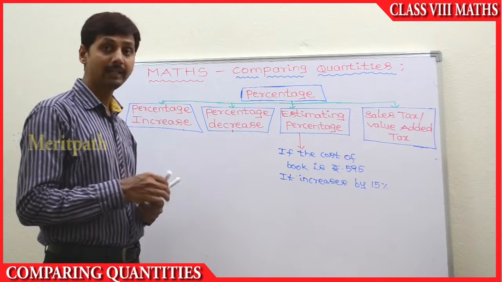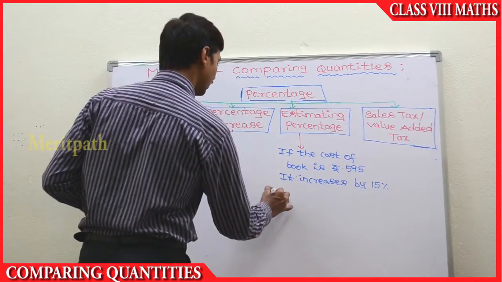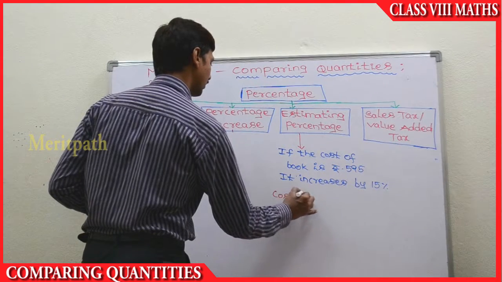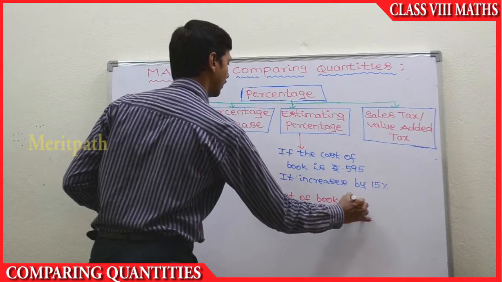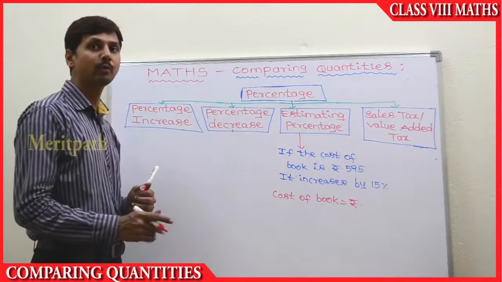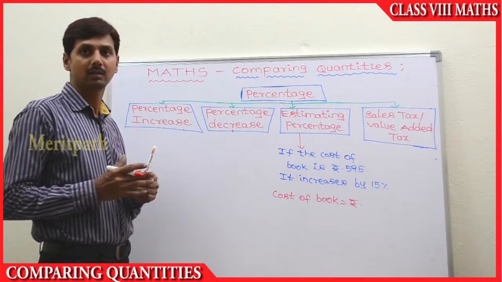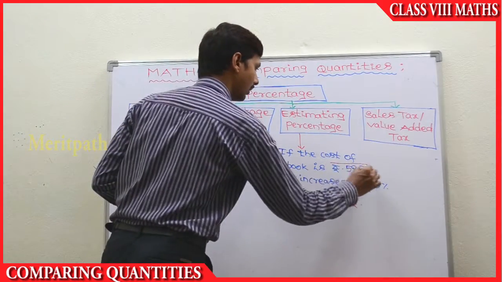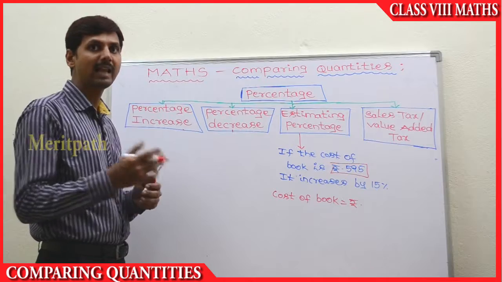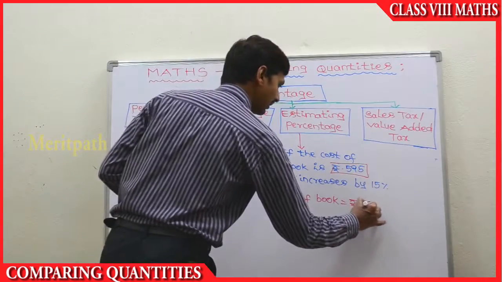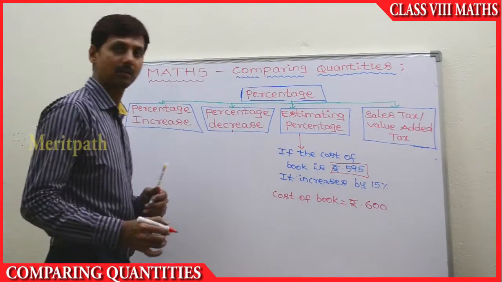Let's take the cost of the book, 595 rupees. Let us round this value so that it is easy to calculate. So let's take 600 rupees after rounding.